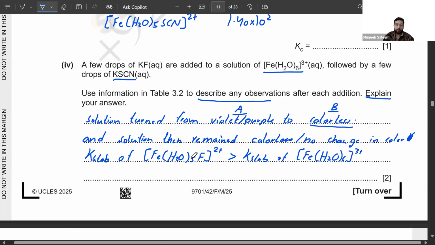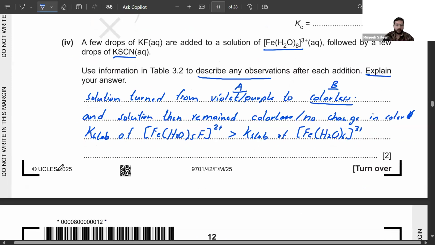The reason was that we got the formation of this complex as compared to this one. And also, the K step of Fe(H2O)5F 2+ was also greater than the K step of the C complex.